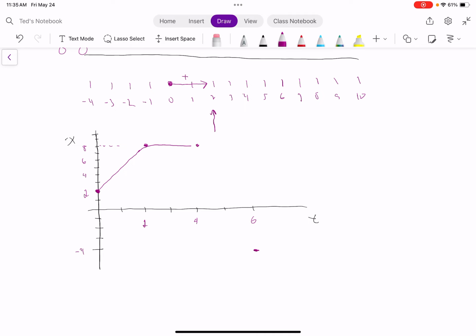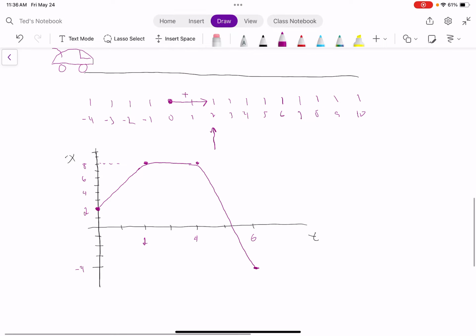So it reached -4 meters here at 6 seconds. So in order to do that, it had to speed up again. But now it's going backwards until it got to the -4 meters, and that's when we stopped collecting data. That's when we stopped making our graph.